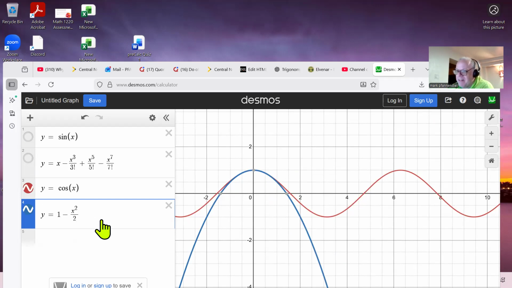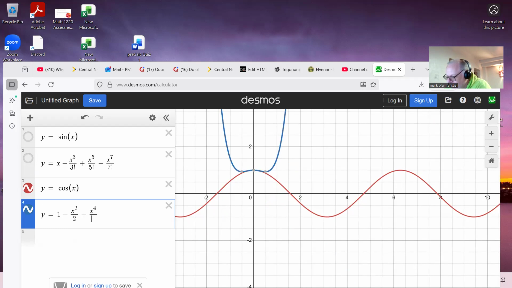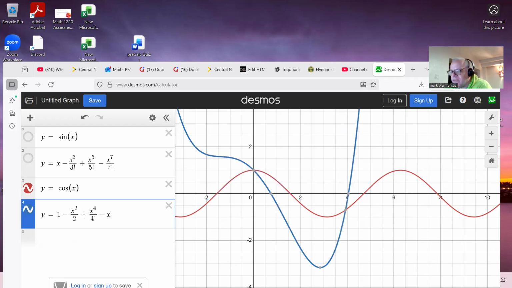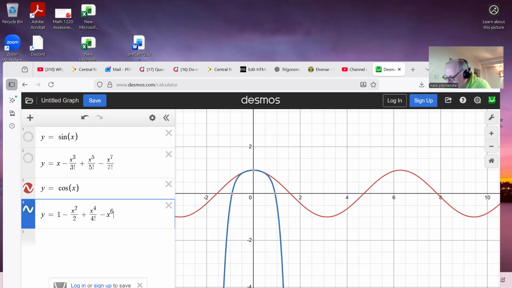Like, no, not yet. But as I start adding terms, so if I say x to the 4th over 4 factorial, it hugs it a little bit closer. And then we could just start adding more terms in here. So we can say minus x to the 6th power divided by 6 factorial.